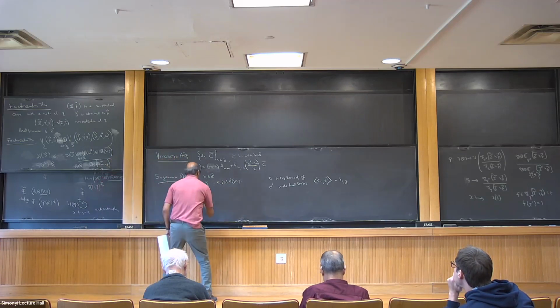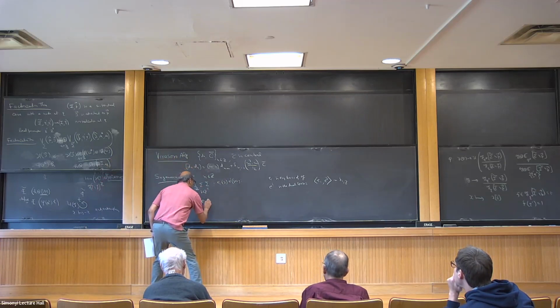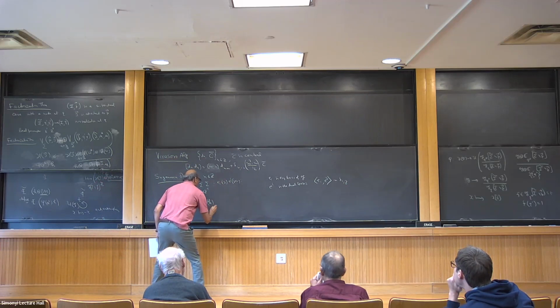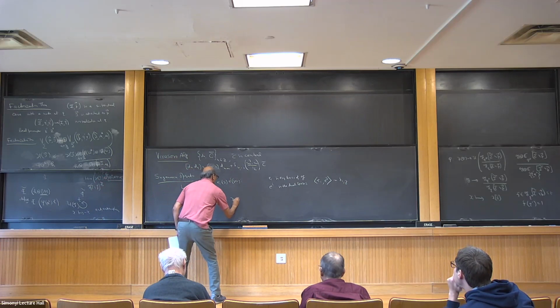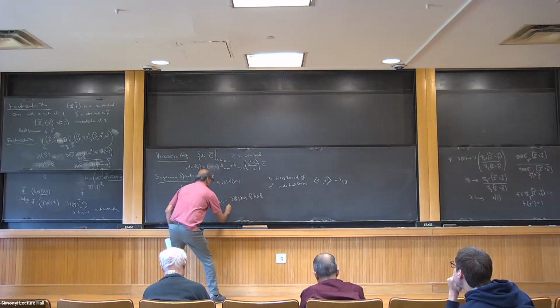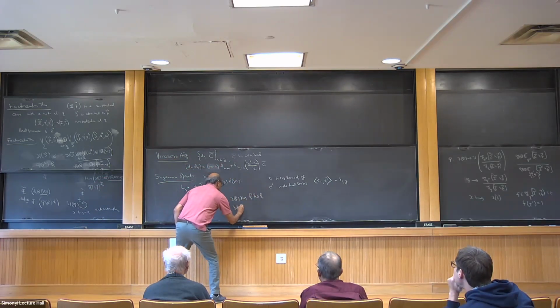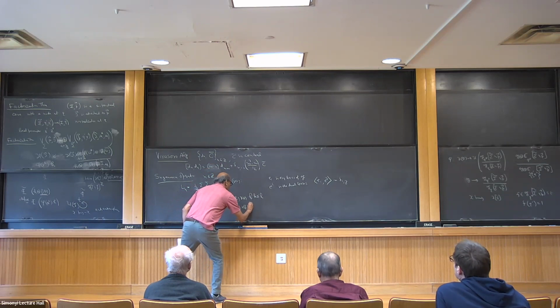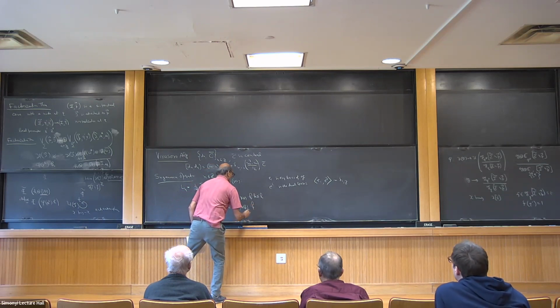So X_k Y_l means X_k Y_l if k is less than or equal to l, and the other way around if k is bigger than l.